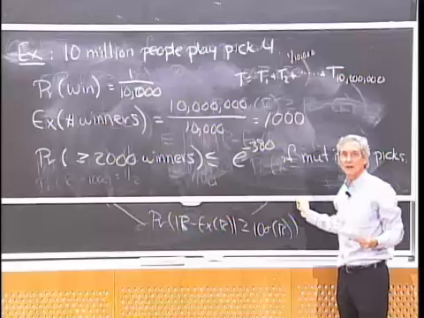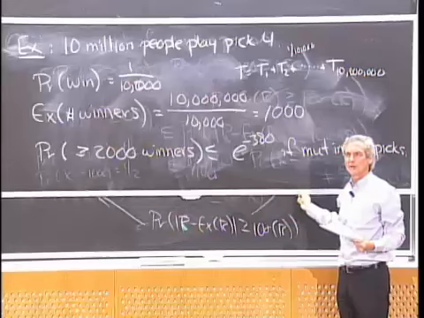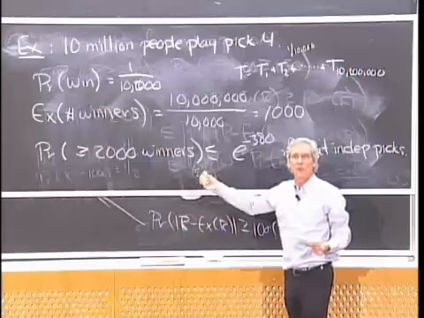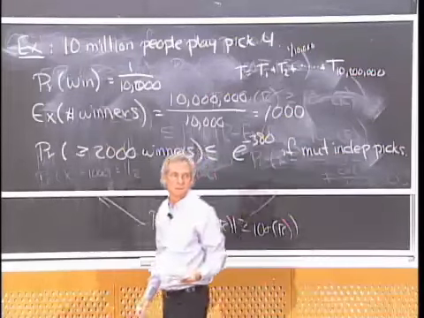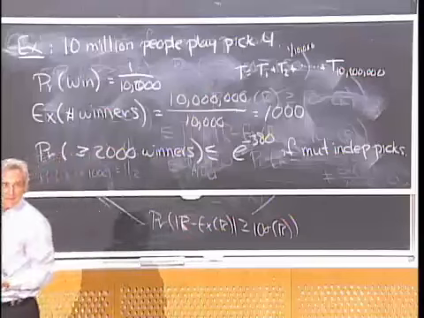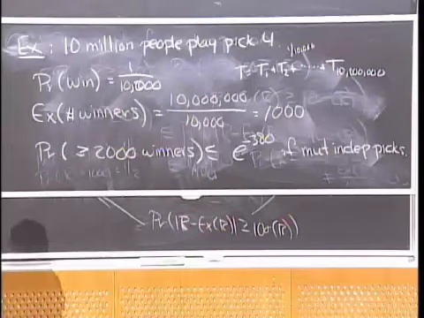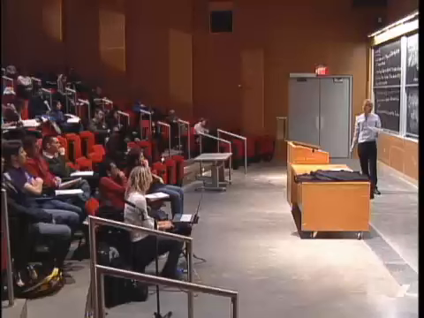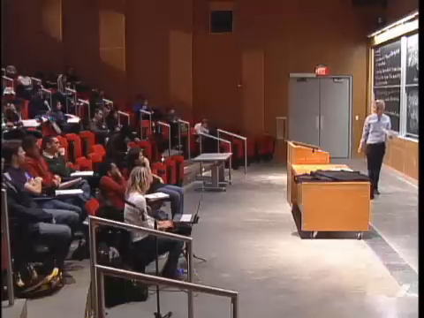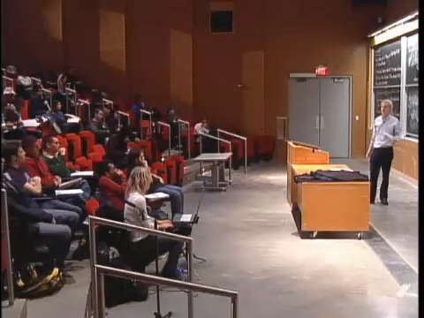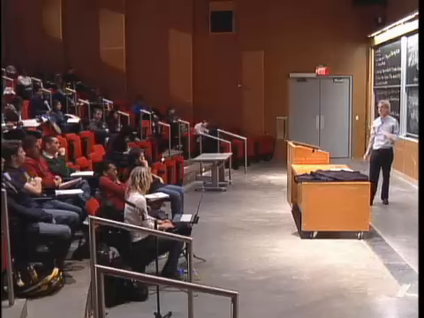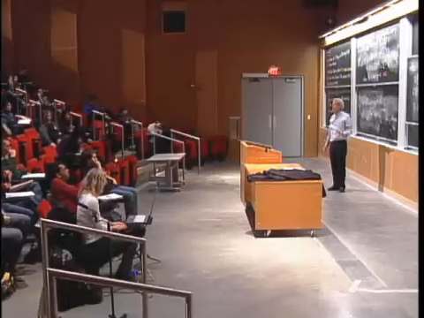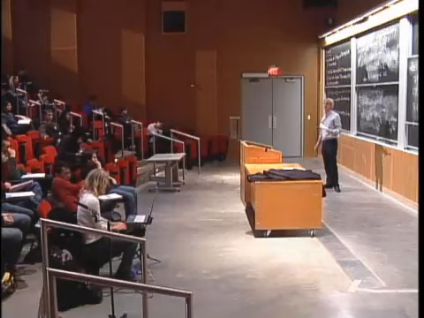So very, very unlikely. What if they weren't mutually independent? Can you say anything about this? Anything at all better than 1, which we know for any probability? Yeah? It's possible that everyone chose the same numbers. In that case, yes, everyone could have chosen the same number, but that number only comes up with a 1 in 10,000 chance. So you can say something. You can use Markov.